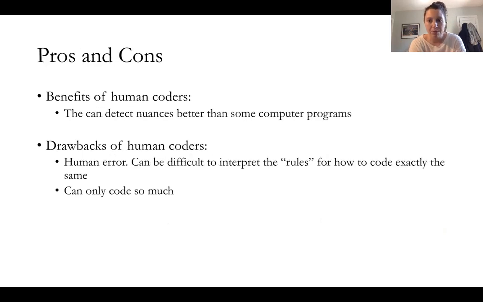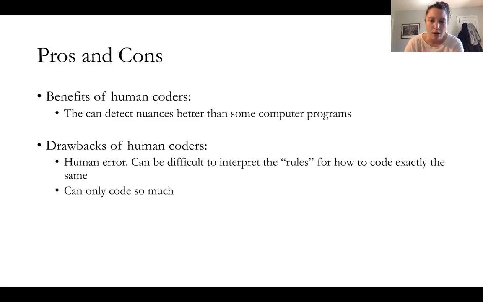So let's go over some of the pros and cons of this stuff. If you're using human coders, the benefits of this are that humans are really good at detecting nuance better than some computer programs. So in the last video, I mentioned some programs are really great at understanding what sounds negative or what sounds positive in speeches or news media. But think about it.